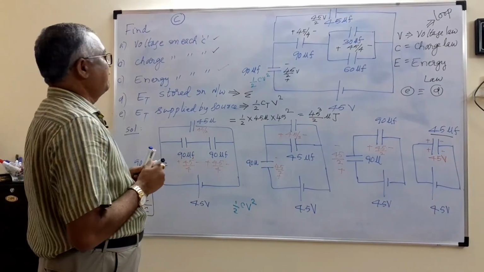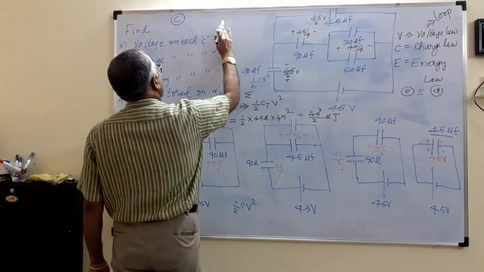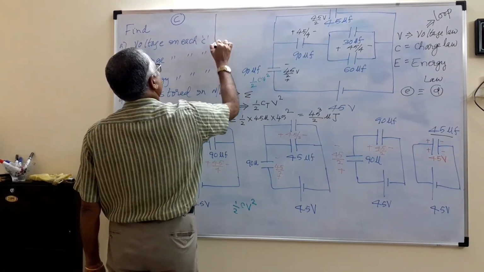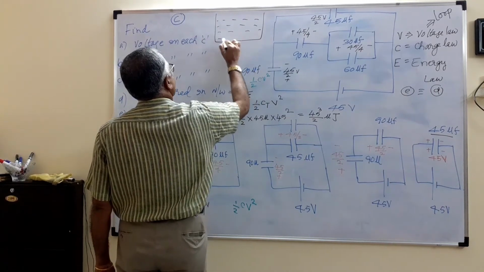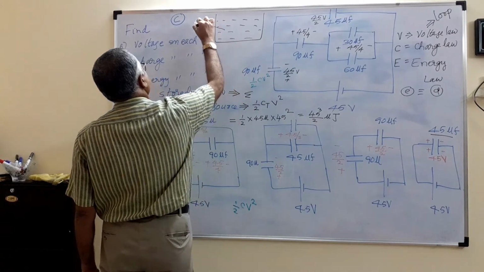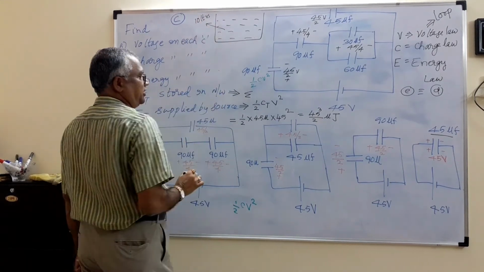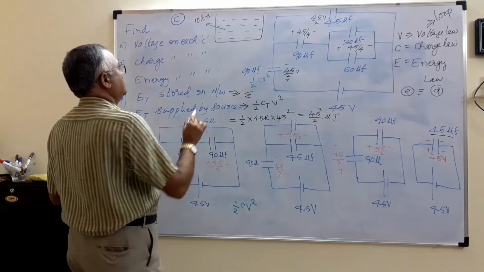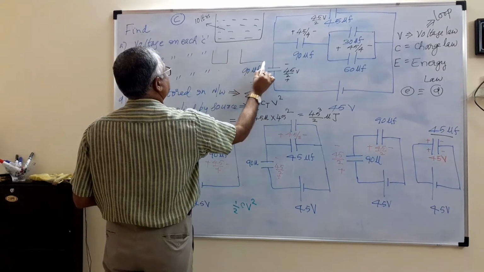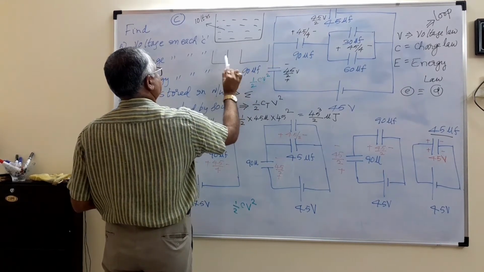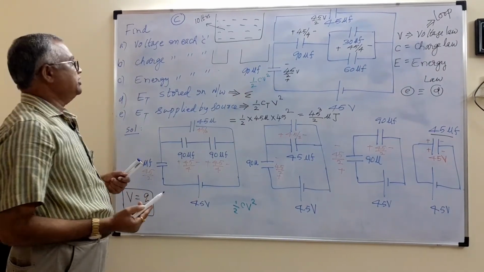I can also explain the charge law with the water concept. You take one big bucket filled with water. This bucket contains 10 liters of water. This water is transferred into two different vessels or buckets of different sizes, not necessarily the same, or it can be the same also.